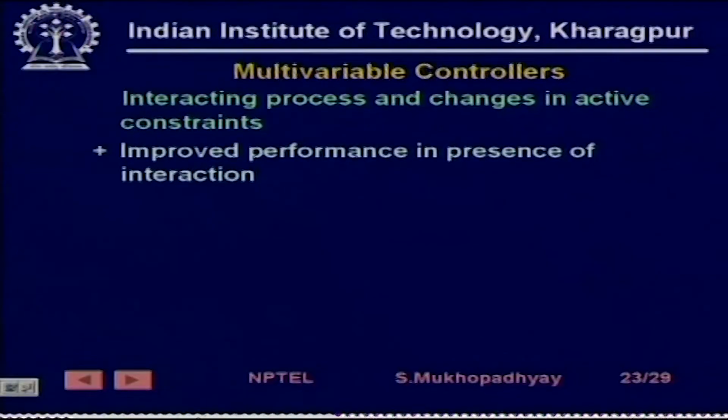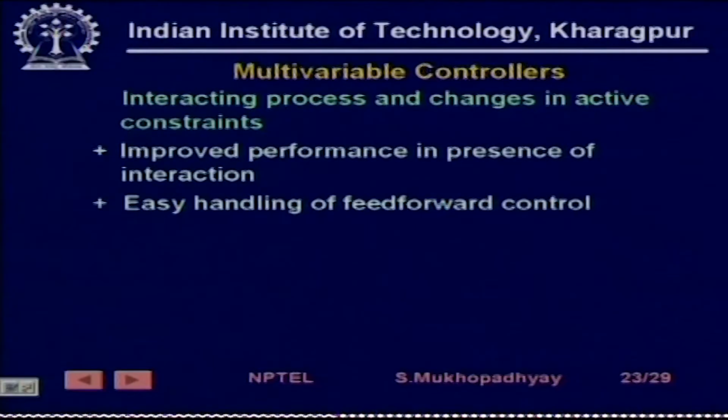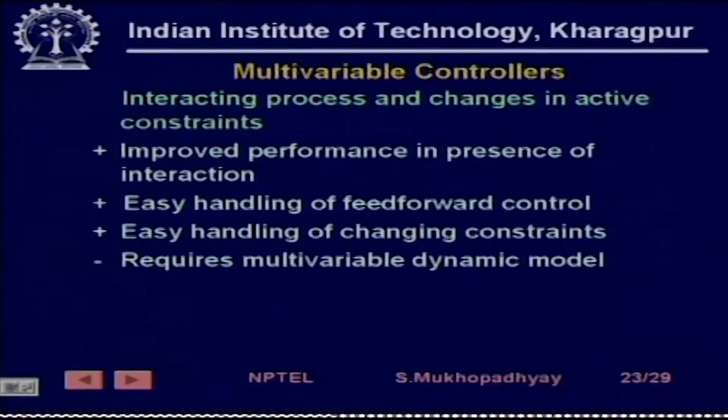They are all built into the method and handled very efficiently. So, you have significantly improved performance in the presence of interaction, easy handling of feed forward control, since feed forward tends to make the system multivariable, easy handling of changing constraints as we have mentioned, and it requires a multivariable dynamic model.